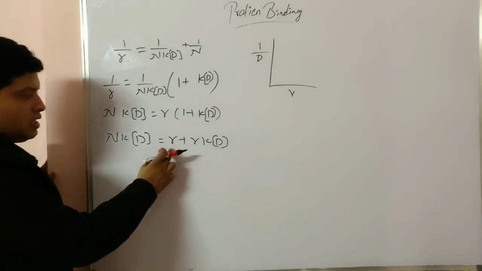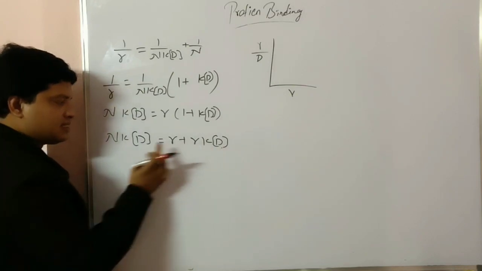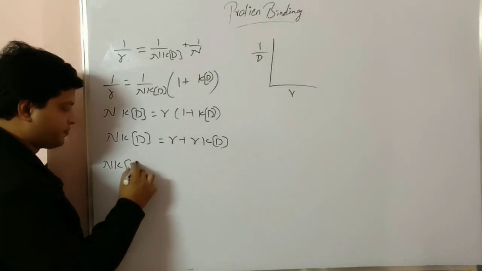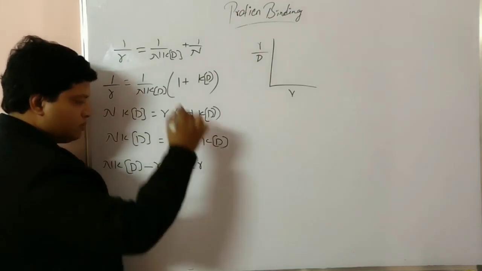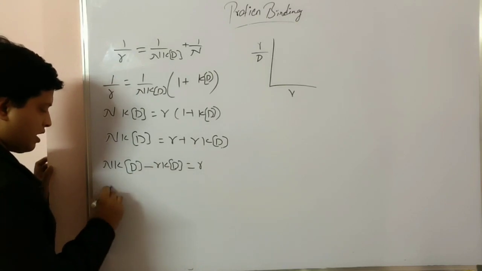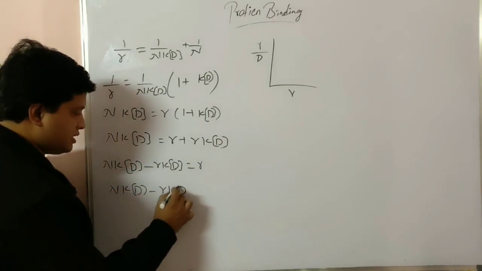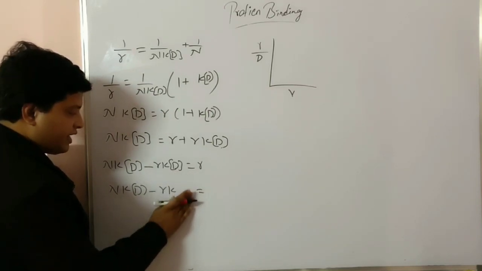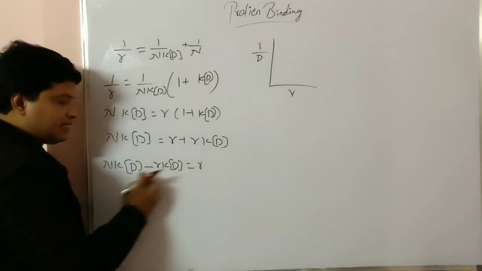I want d here. So to get d here, where is d? Here and here. So take this side and take d common. What will you get? N k d minus r k d is equal to r. So d is common. Take this d common.